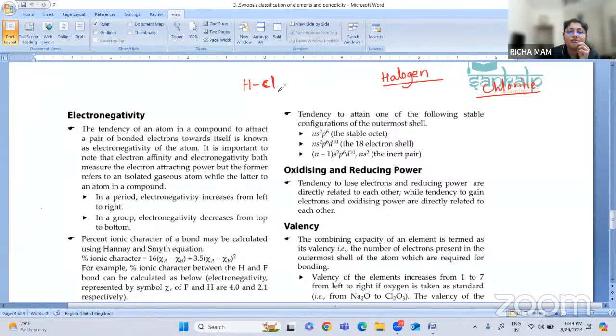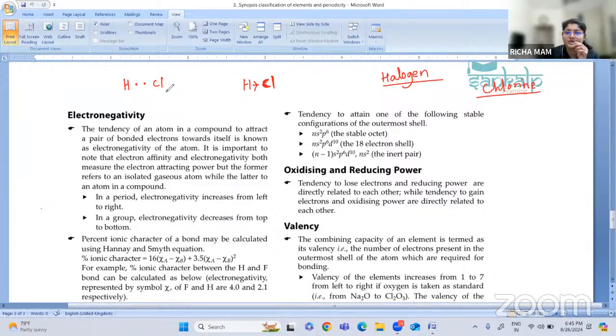Now, what is the role of this highly electronegative atom? It tends to attract the electron towards itself. Between hydrogen and chlorine, a pair of electrons is shared.